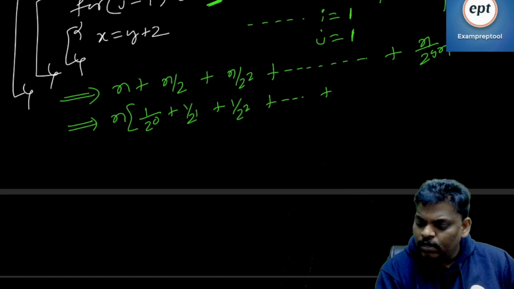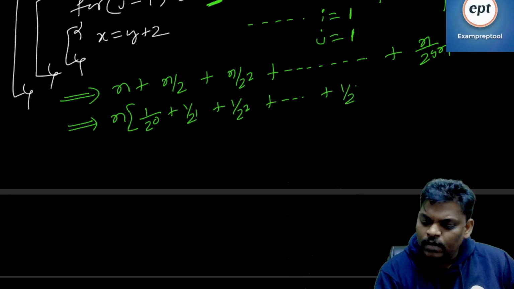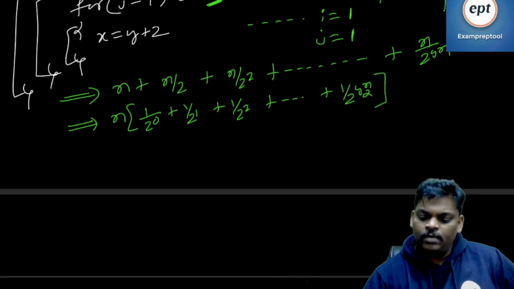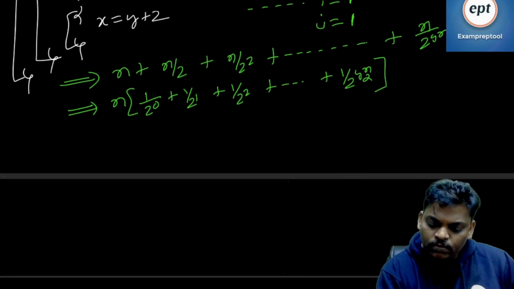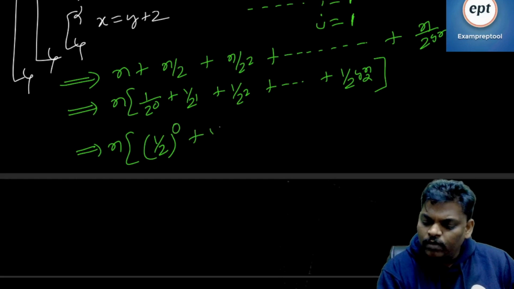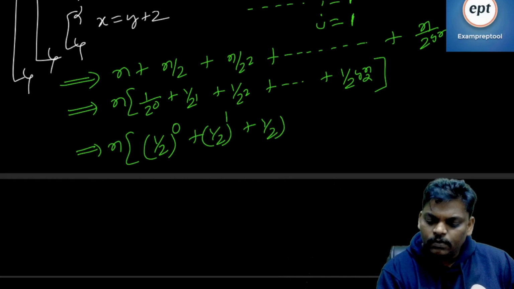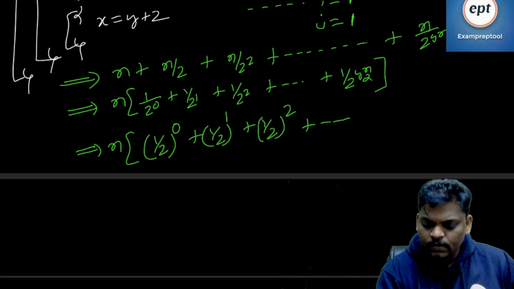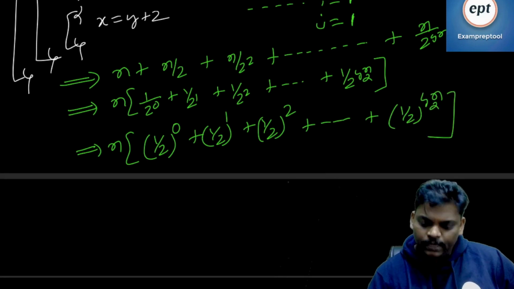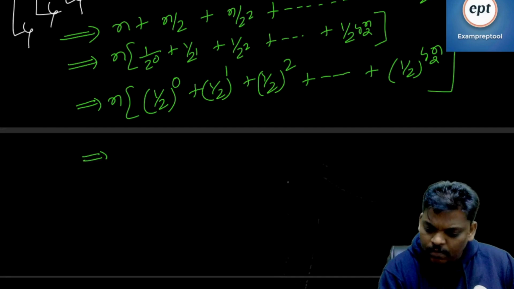Lastly, 1 by 2 power log n base 2. n common, so that is next one. n into, if you observe clearly, it is a GP series: 1 by 2 whole power 0, 1 by 2 whole power 1, 1 by 2 whole square, and so on. Lastly, 1 by 2 whole power log n. Right, next one, n common.